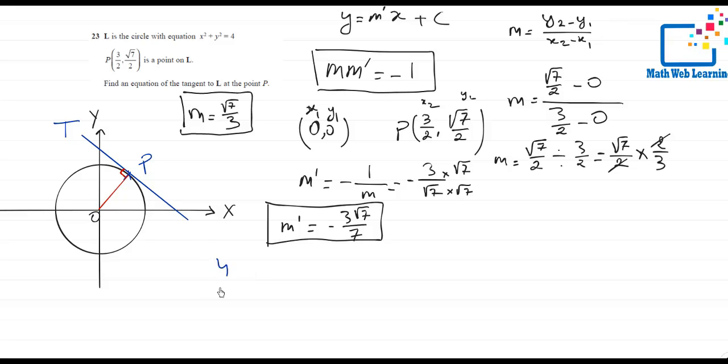So now y is equal to minus 3 root 7 over 7 x plus c. All right, how do I find c?